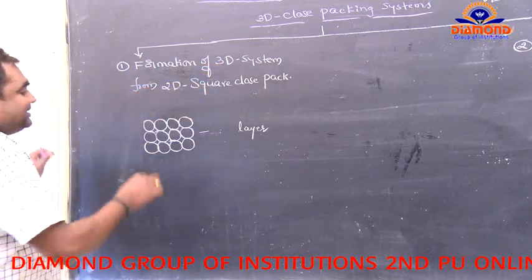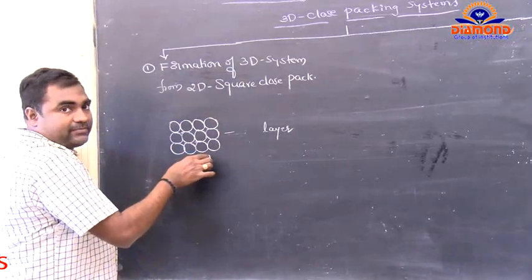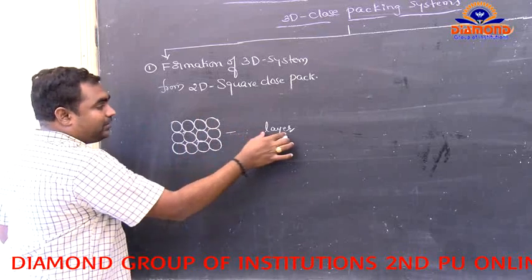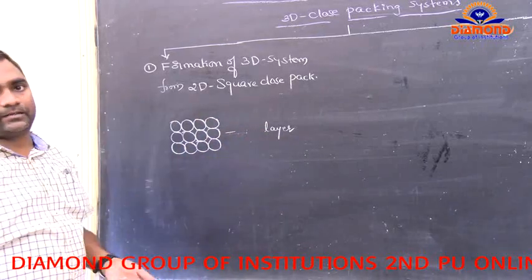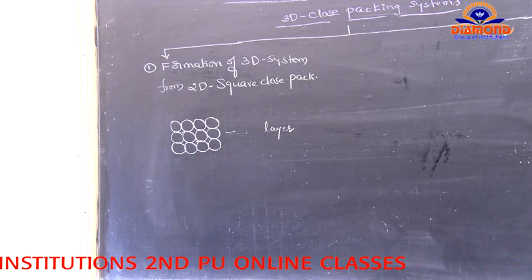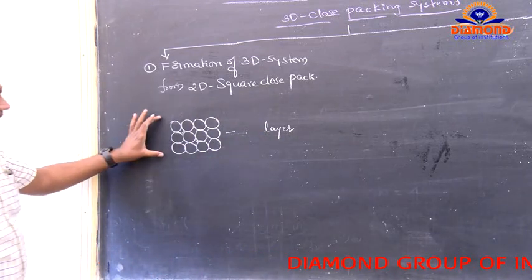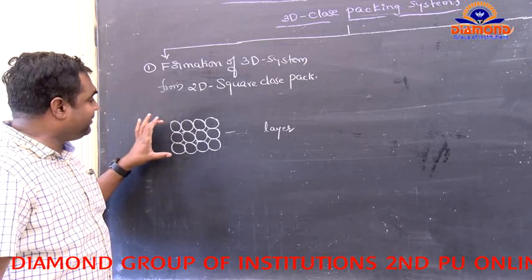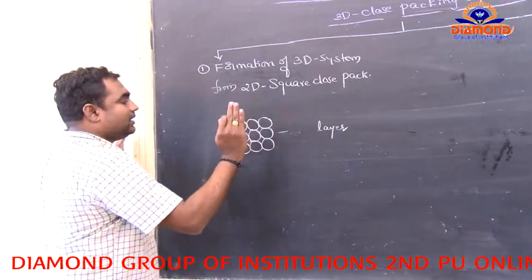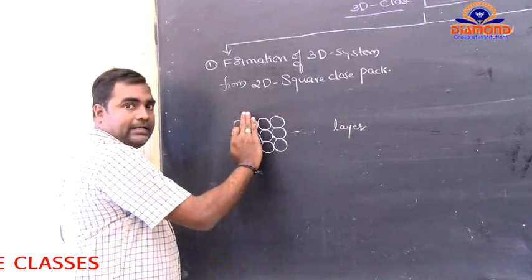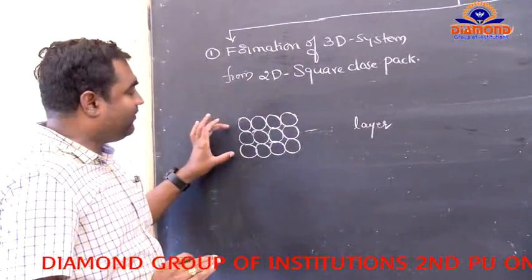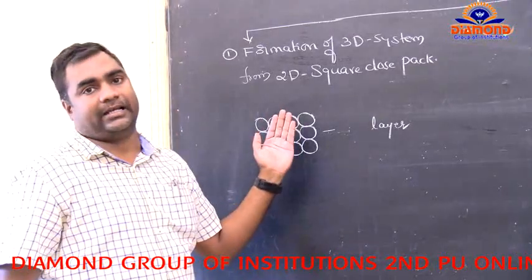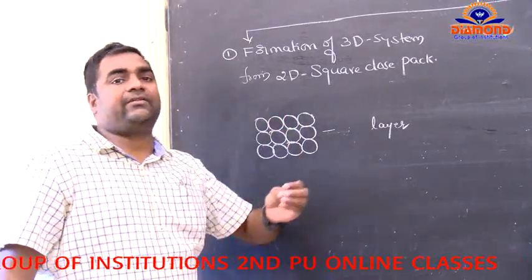That means the same type of arrangement must be taken above this layer and below this layer. Here is a layer, and the same type of layer is present over the plane and inside the plane, like a sandwich.